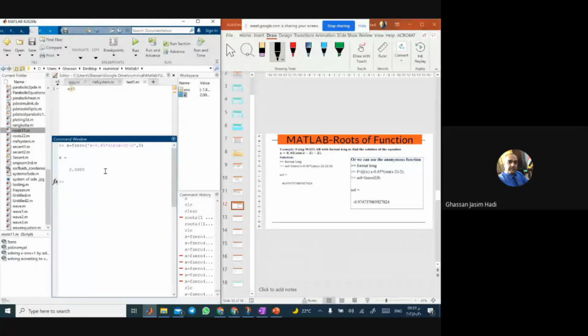What's the difference? What's happened? Who tells me? It's approximate. Yes, good, excellent. We have to approximate. For that, in the example, what he says is use format long.